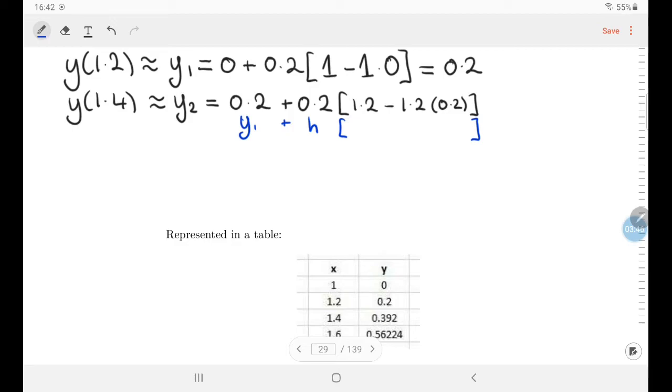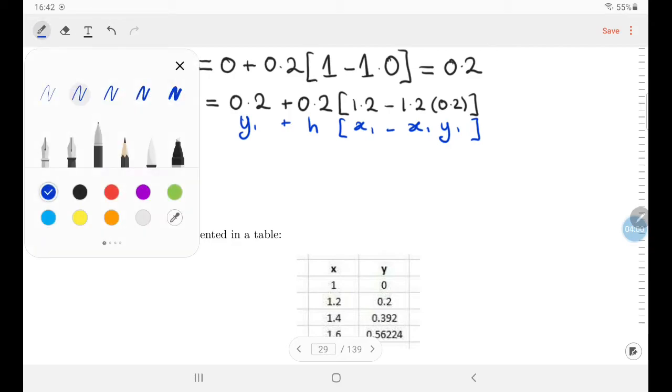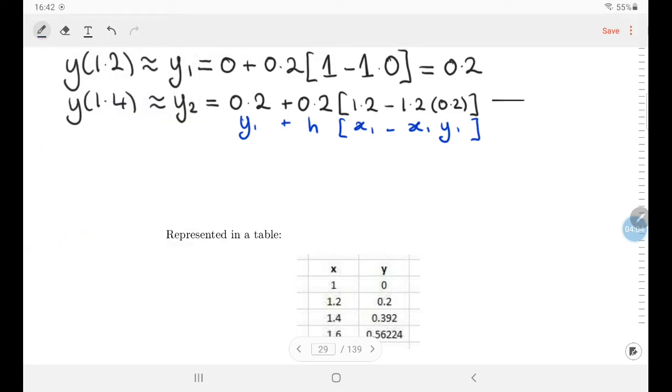The slope is x minus xy, so this must be previous x minus previous x times previous y. With x1 as 1.2 and y1 as 0.2, and looking at the table down below, this is equal to 0.392.